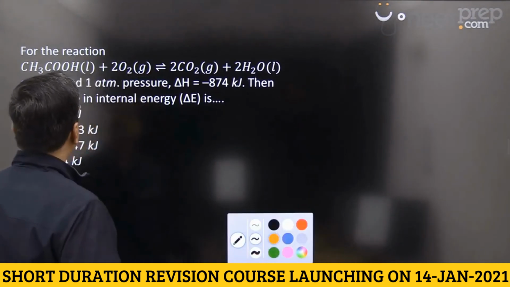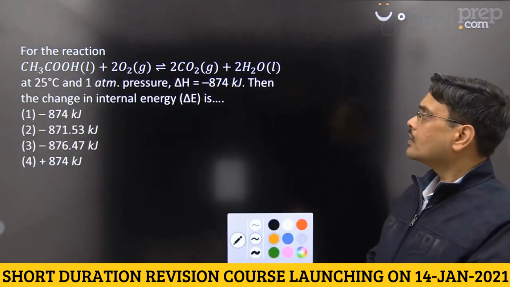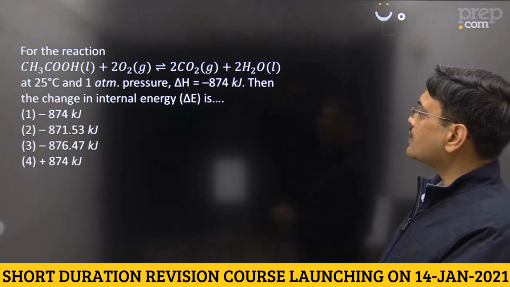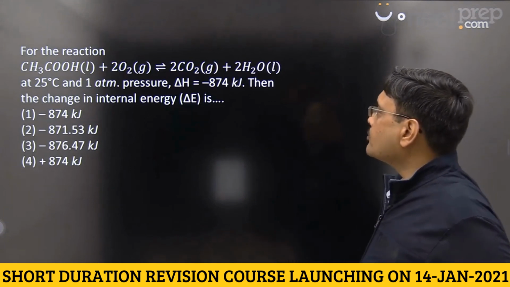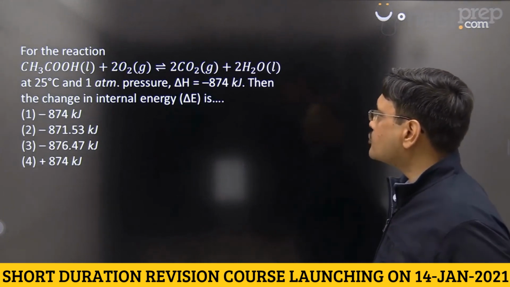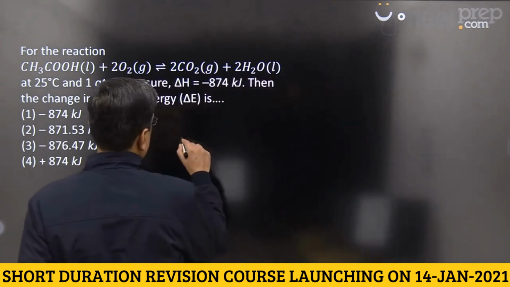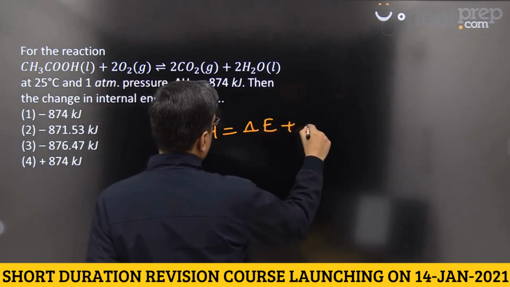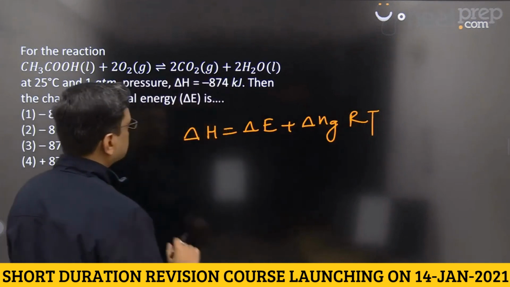See here. For the reaction acetic acid plus oxygen gives 2CO2 plus 2H2O at 25 degrees centigrade and 1 atmospheric pressure, delta H is equal to minus 874 kilojoule. Then find the change in internal energy delta E. Delta H is equal to delta E plus delta Ng RT. Use this formula.